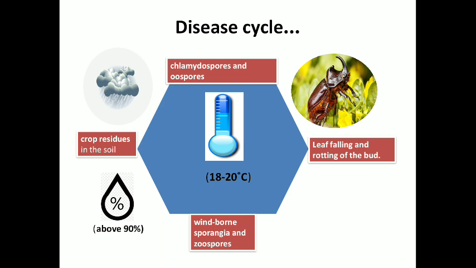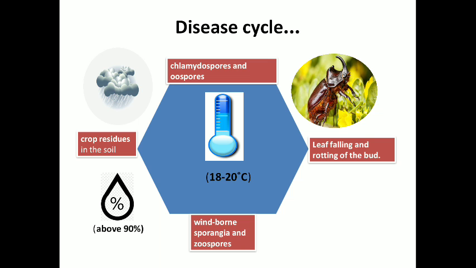Then the next part is the disease cycle. Relative humidity above 90%, heavy rain, wounds caused by rhinoceros beetle, and low temperature around 18 to 20 degrees Celsius favor the disease development.